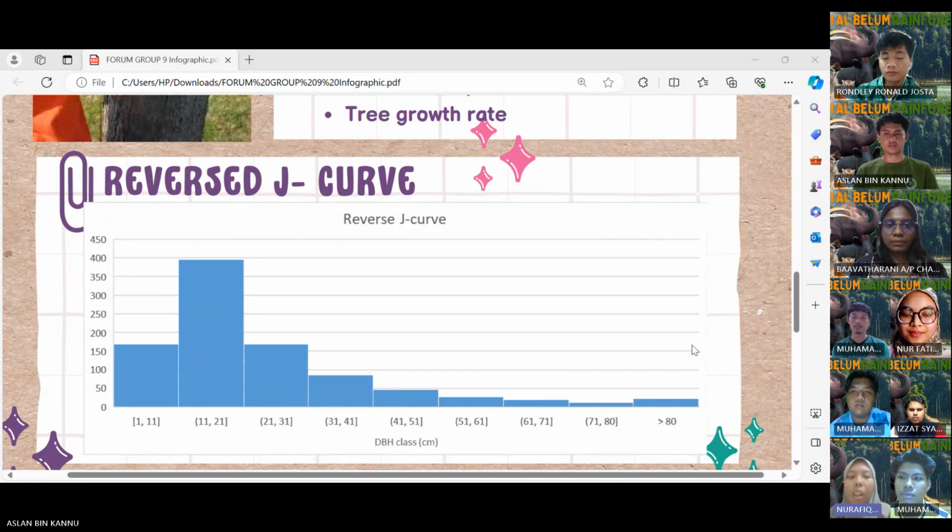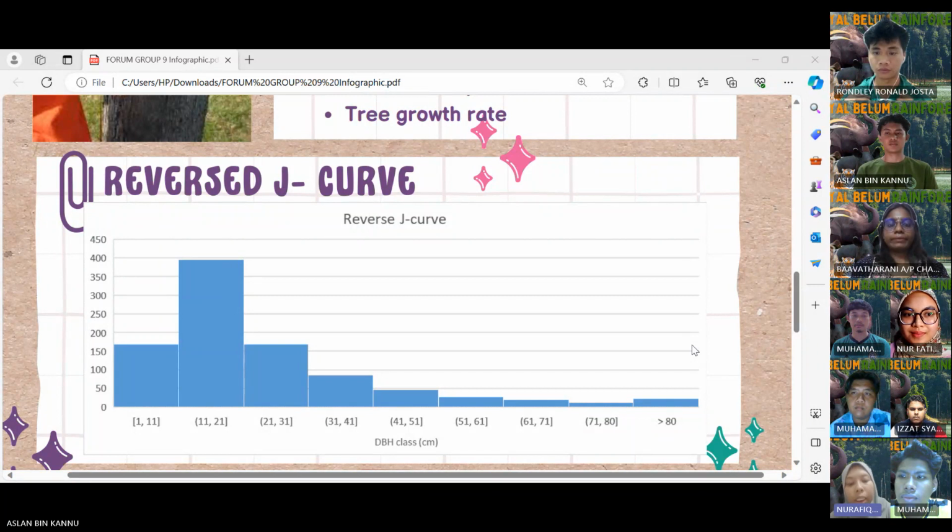For the Simpson Diversity Index, the Simpson Diversity Index is a way to measure the diversity of species in a community. The importance of the Simpson Diversity Index is to quantify the biodiversity of a habitat.